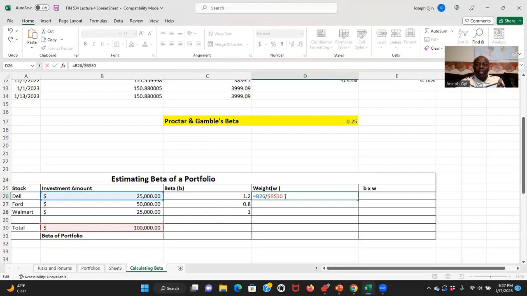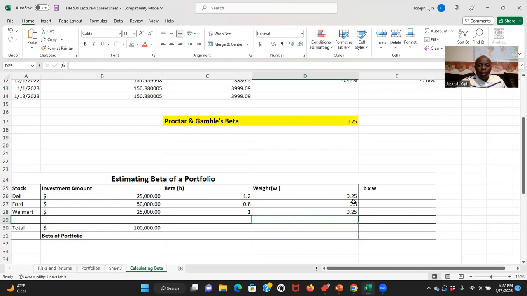Otherwise, if I don't do it, as I copy this down the values will not be consistent and the answer will be incorrect. Now I can copy it down and see the weight of each of them.